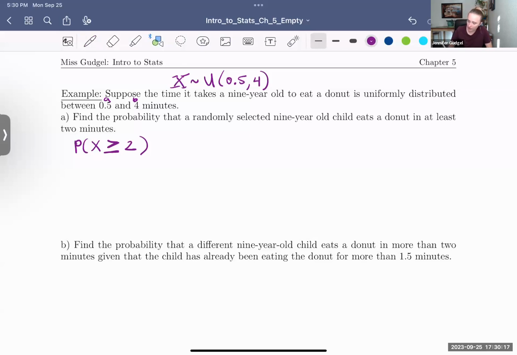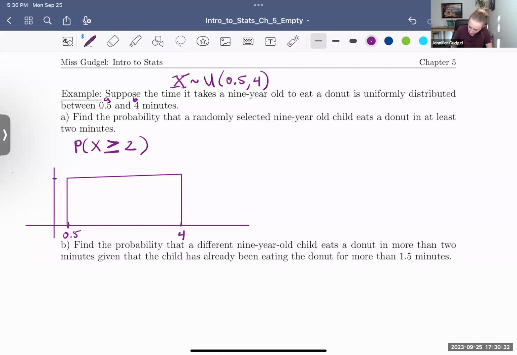All right, let's draw our picture. We are going from 0.5 to 4 for our uniform distribution. And we have a height of 1 over 4 minus 0.5, or 1 over 3.5. We got our rectangle going.